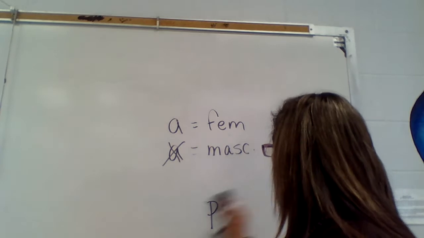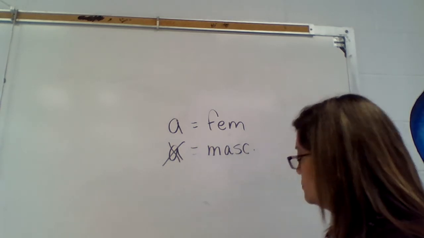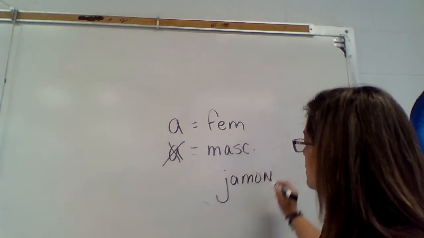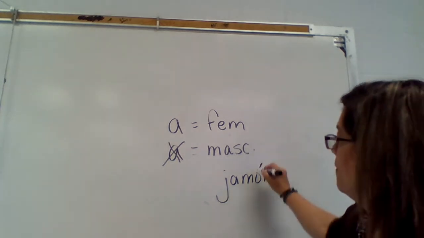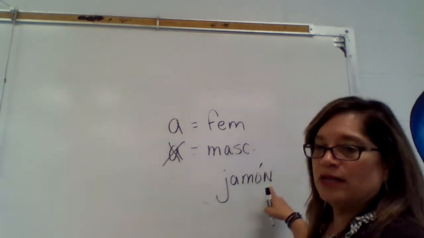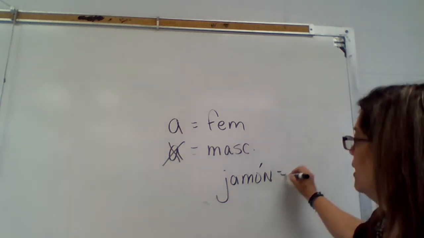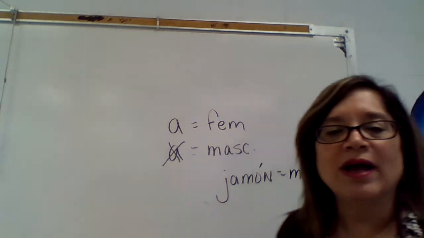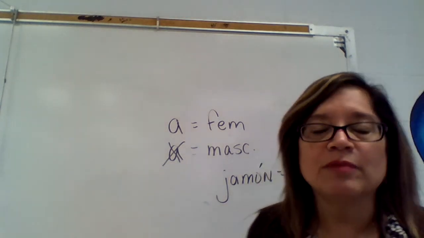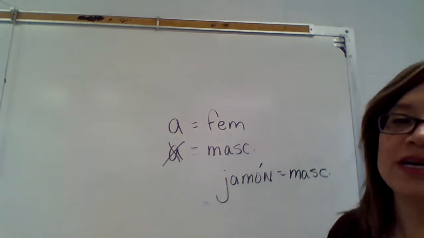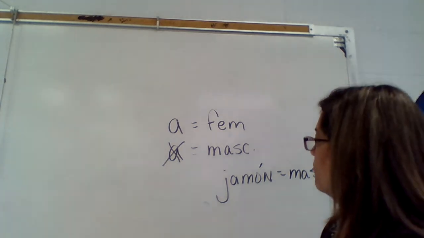Another example will be the word jamón. Jamón is ham in Spanish. Again, it doesn't end with an A, so it's going to be a masculine noun. I know you say, what does a ham have to do with masculine? Well, that's how nouns have a gender. It has to be either feminine or masculine.